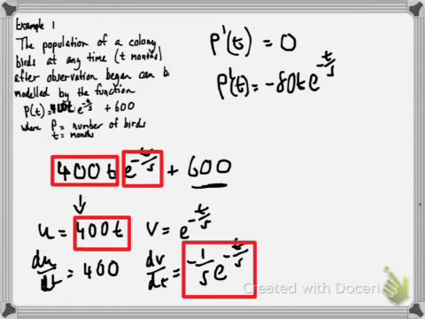I've multiplied those two together. Just pause the video here if you're unable to see how we get negative 80t e to the neg t on 5. Let's see how you go with that.